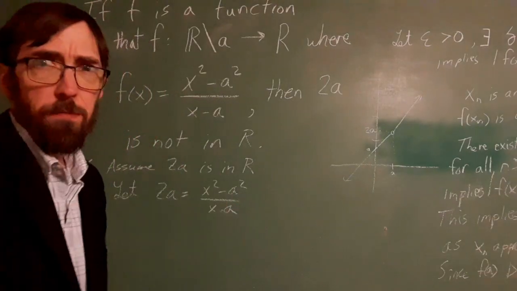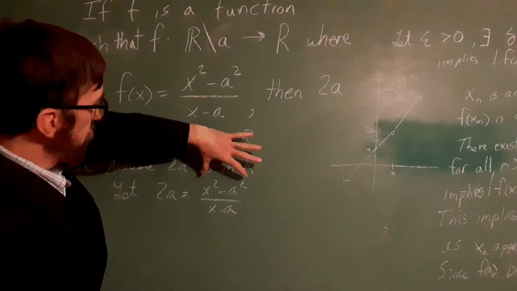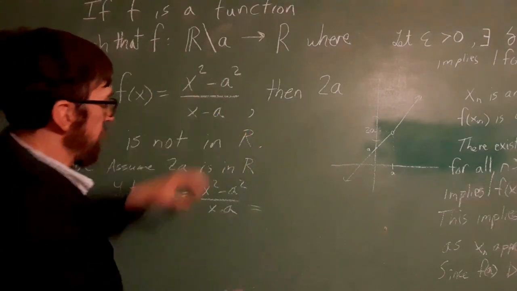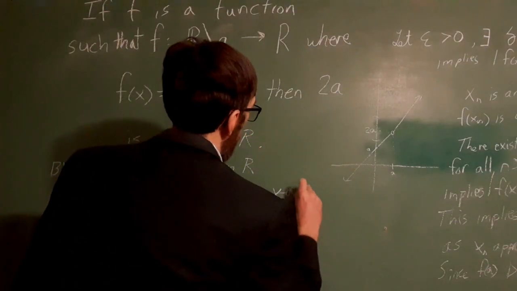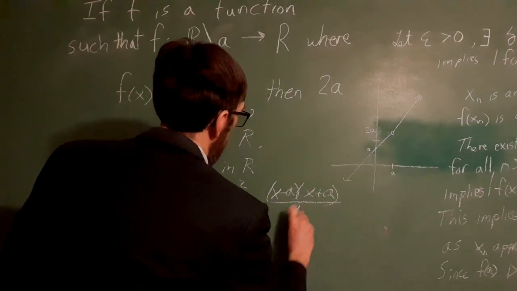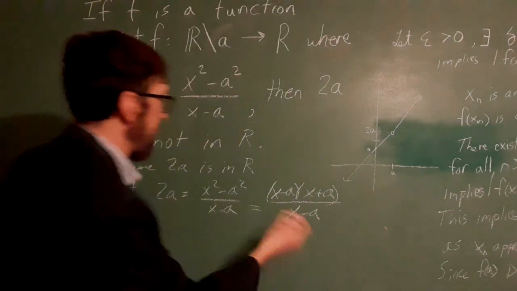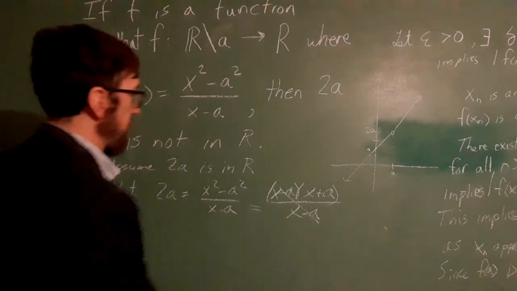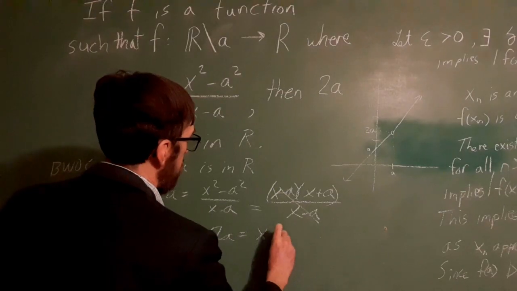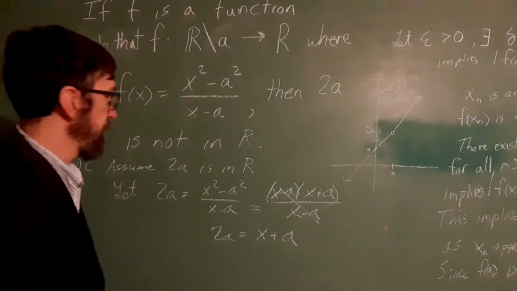And then now we're going to do some algebra. So I can use the difference of squares here to get x minus a times x plus a all over x minus a. These are going to cancel, leaving me that 2a has to be equal to x plus a.